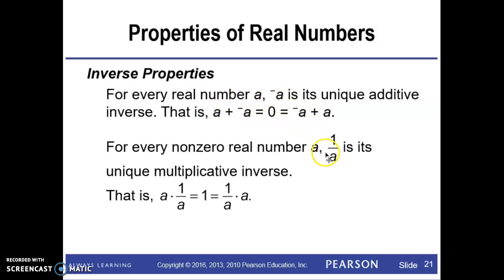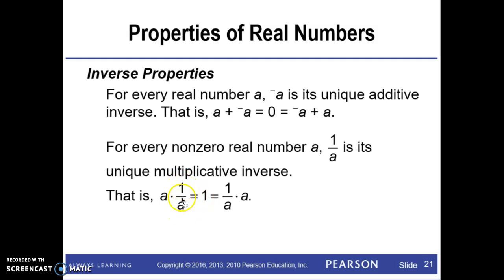I also have a unique multiplicative inverse for real numbers, and this one we did not talk about. If you take a number and you take its reciprocal and multiply them together, what you get is the multiplicative identity. So when I add a number and its inverse, I get the additive identity. When I multiply a number and its inverse, I get the multiplicative identity.